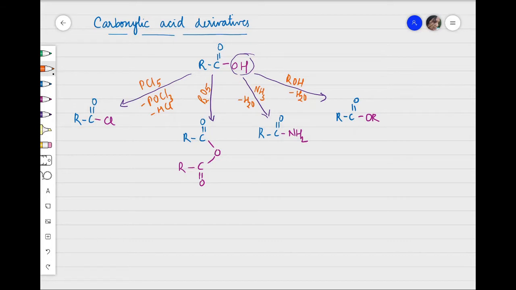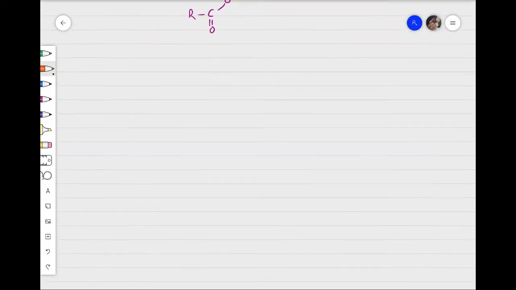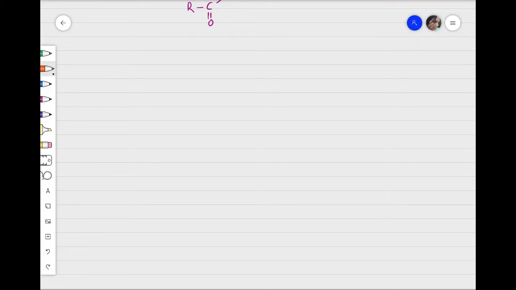So let's go for a quick roundup of the nomenclature. We start with acid chlorides. Referring to them as acid chlorides is the common name. For example, if I had CH3 C double bond O Cl, we call this acetic acid, and in the common system we say this is acetyl chloride.